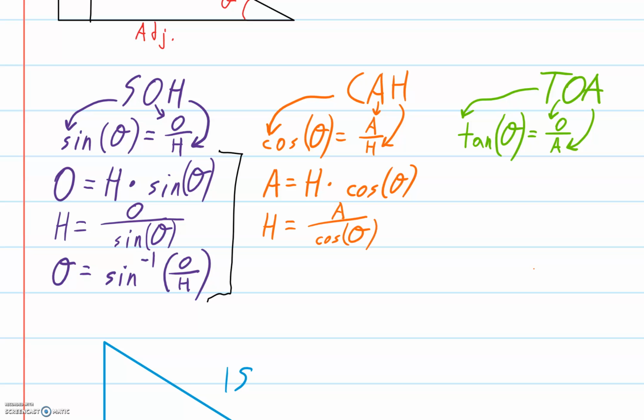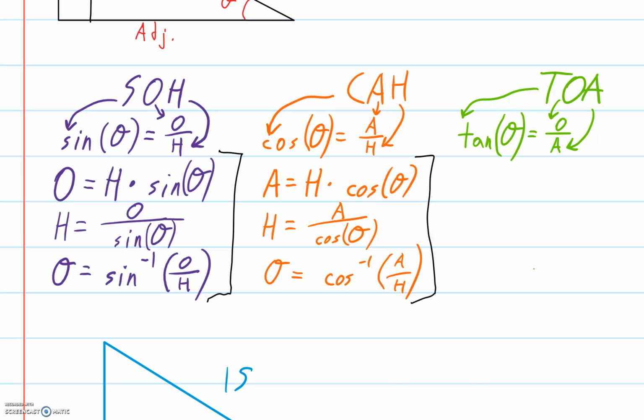Again, they're all following the same format as the last one, including this cos to the negative 1. Those three equations are very helpful, but they're all based off the first one.